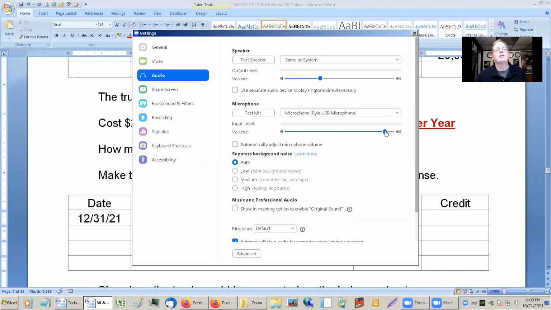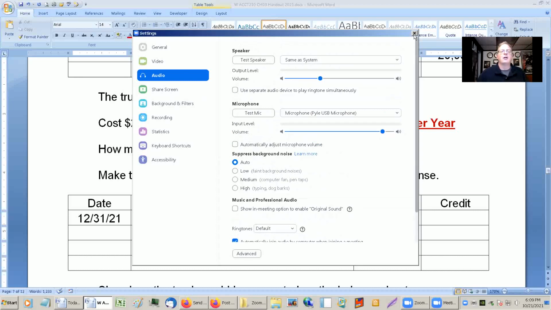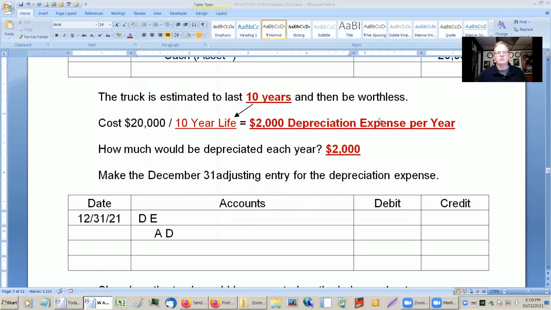Click on computer audio. Okay, well, I stopped talking for some crazy reason.